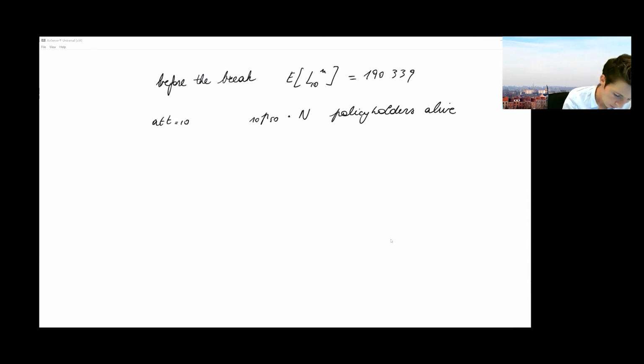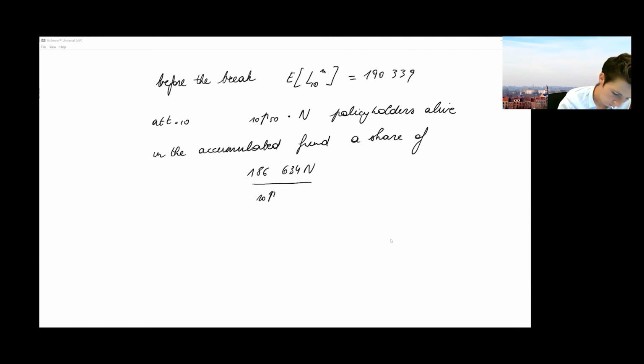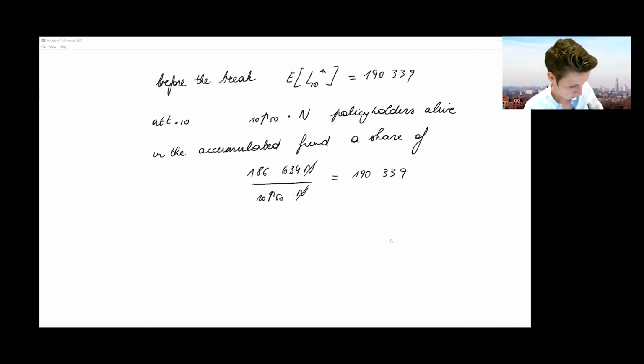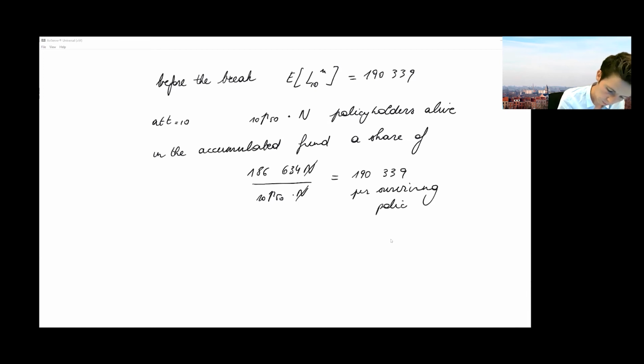So in the accumulated fund, there is a share of, so this was the total amount in the fund, and the number of people among whom this should be spread is given like this. If you calculate this, you get a value worth 190,339. So that's the amount in this fund per surviving policyholder.